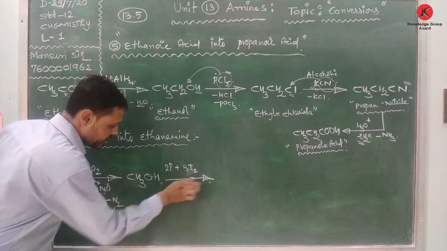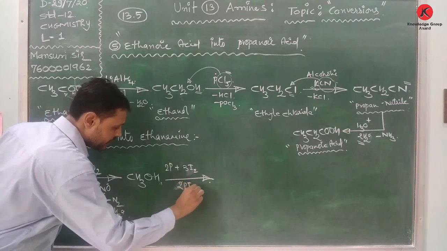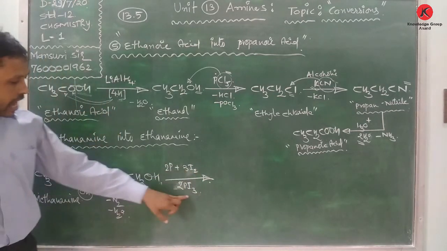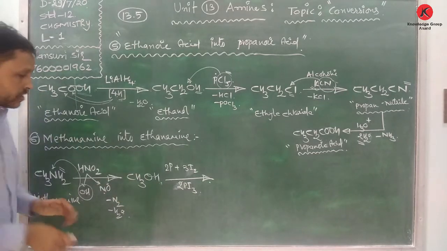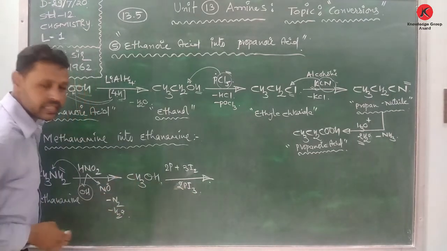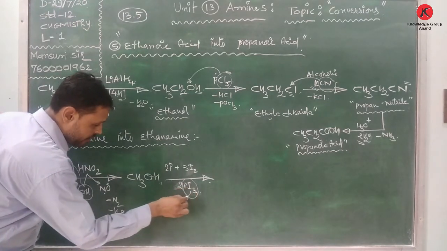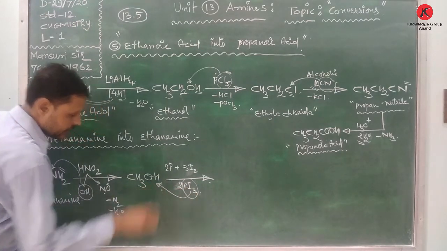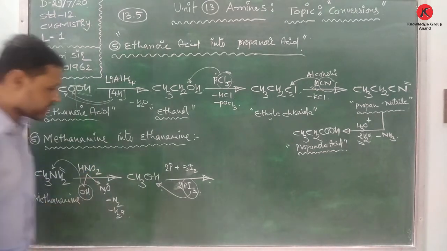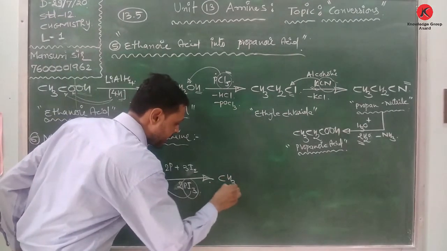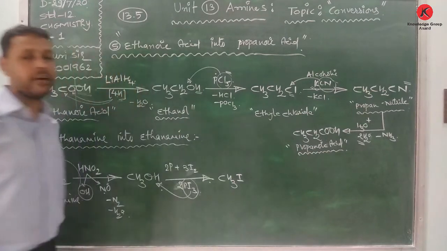So this is 2P + 3I2. This is an iodation reaction, right? So iodine is going toward this side. So this PI3, now iodine will substitute your OH and form methyl iodide. Methyl iodide.